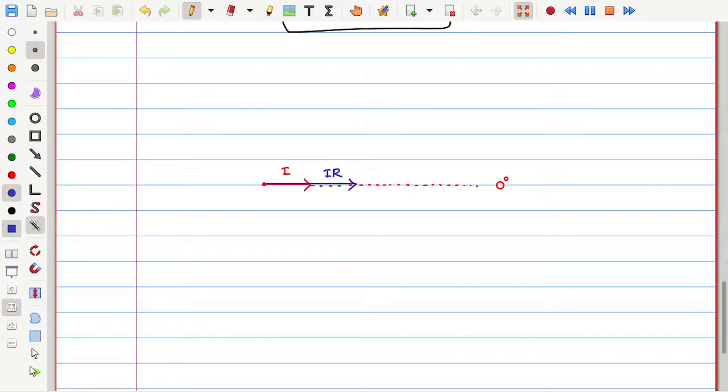I into R, the magnitude of the voltage across the resistor. How much is its angle? 0. That's why it is lying on the 0 axis. So this is VR magnitude. Mod of VR bar means the magnitude of the voltage across the resistor.